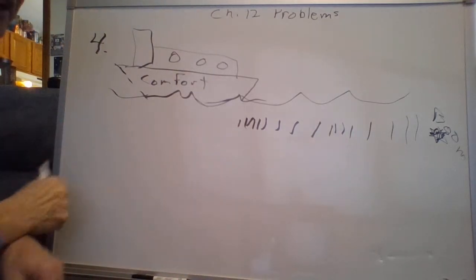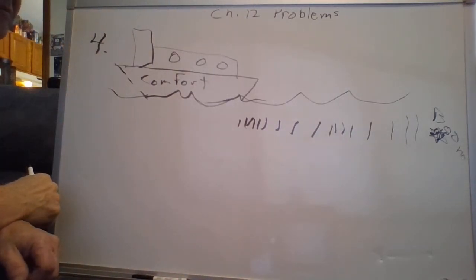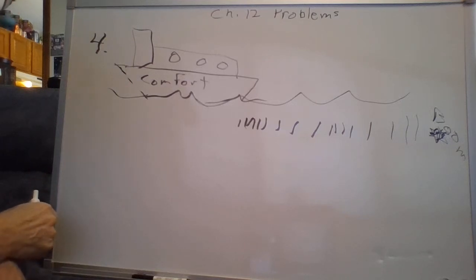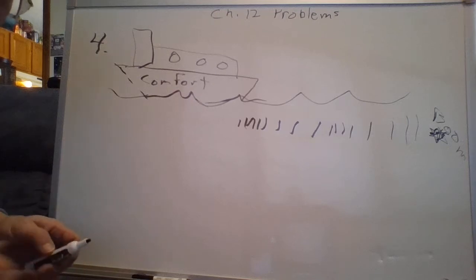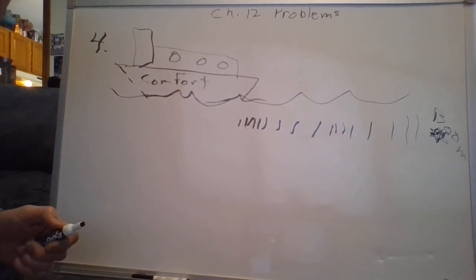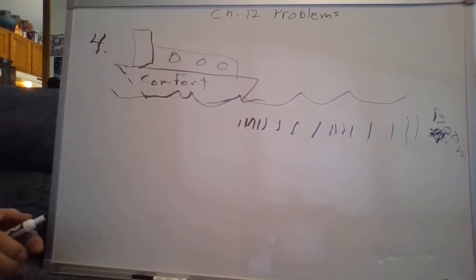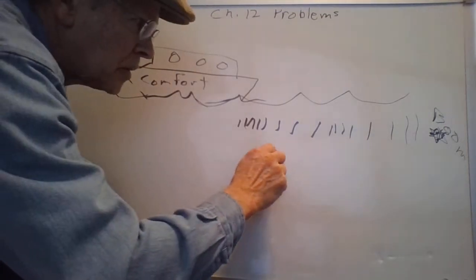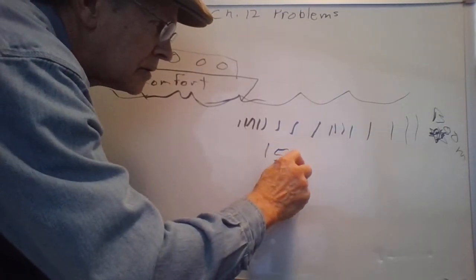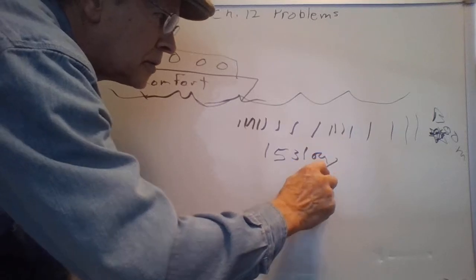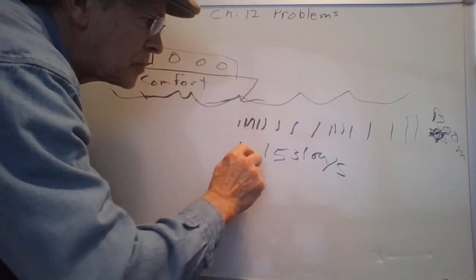Well, it travels faster in water. So we're going to have to know what the speed of sound in water is. Let's pause and look that up. I found 1,531 meters per second in seawater. That would be the speed of sound.